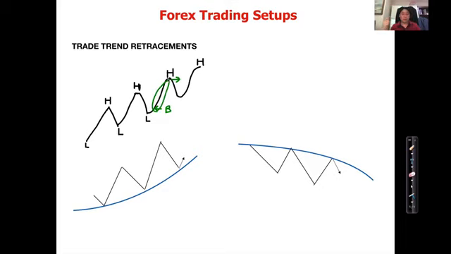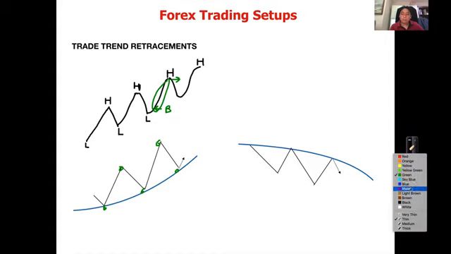And then you repeat that process, right? So over here, you can see, again, those are the higher highs and those are the higher lows. And we can use a moving average or trend line as a level of support to know when to enter the trade.